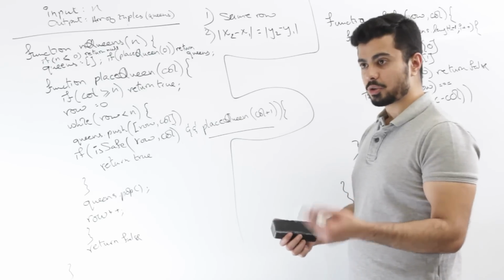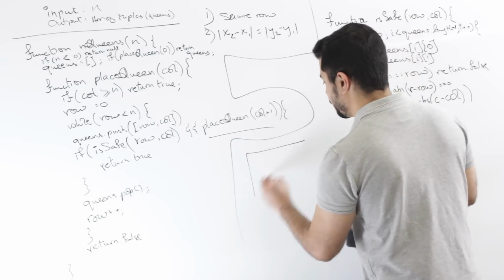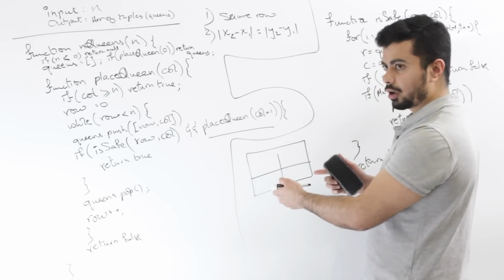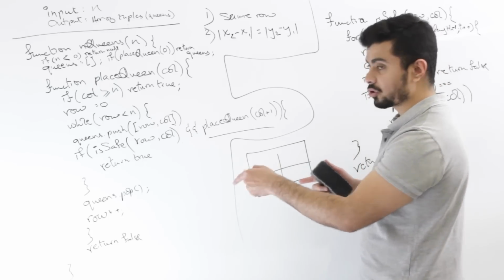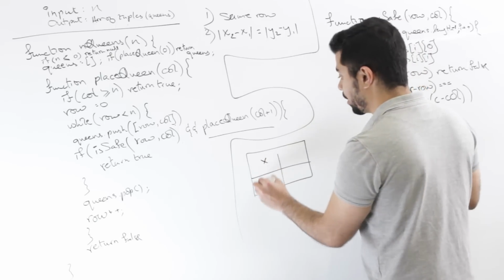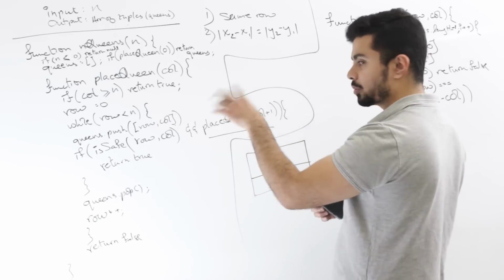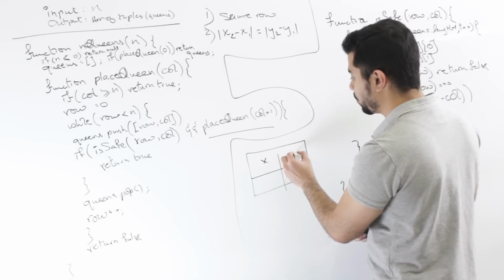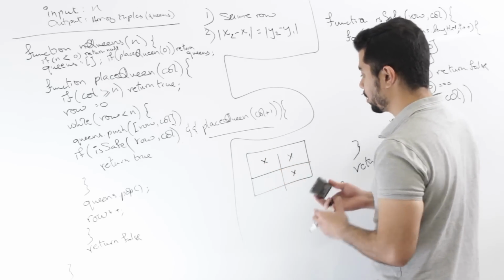Now let me test this on a 2x2 matrix. So let's say I have a matrix that looks like this. And the reason I'm testing over here is to make sure that it actually returns null. So I have the first queen over here. It'll go through this process, and we went through this before. It will say, okay, this doesn't work and that doesn't work.